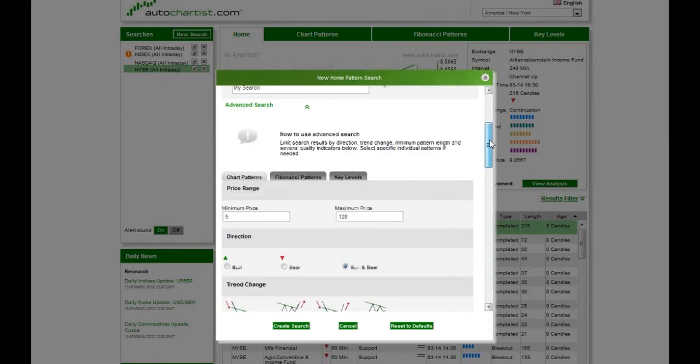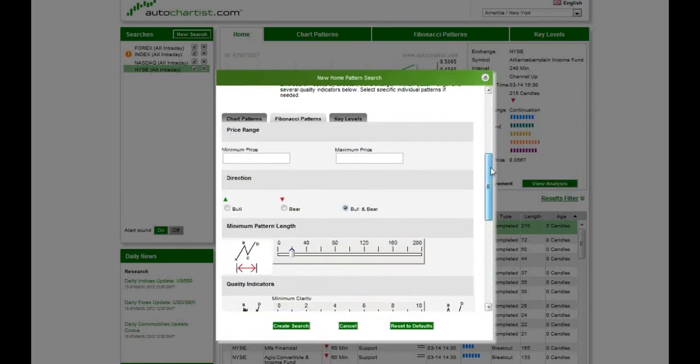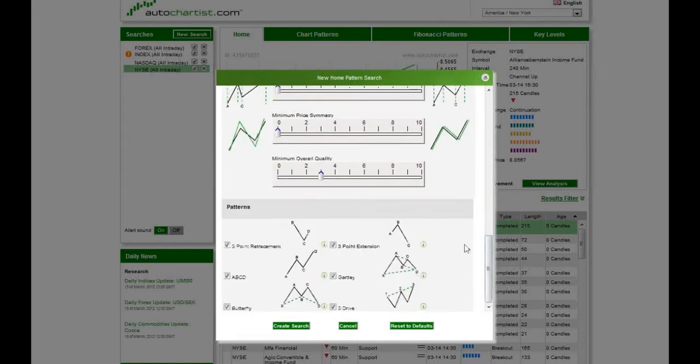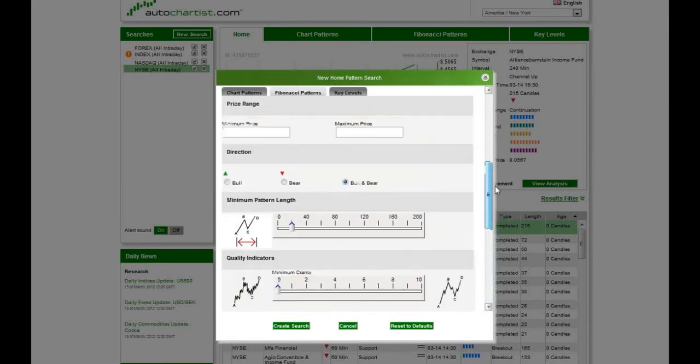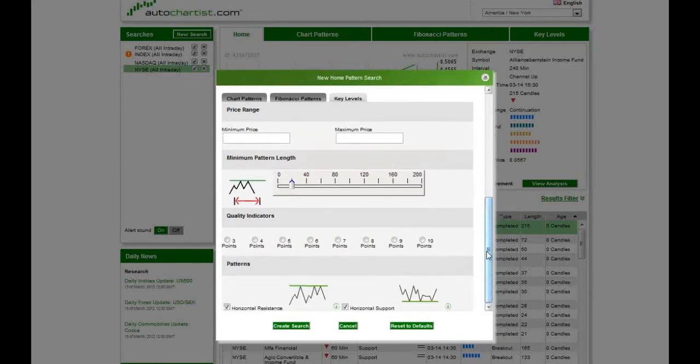If you look at the Fibonacci patterns, the types of patterns we identify are retracements, projections or extensions, ABCD, Gartley, butterfly, and three drive patterns, which are really the six most popular Fibonacci patterns. And our brand new product, which we only released about two months ago, called Key Levels, identifies horizontal support and resistance levels in the market. And as you can see, those are the two types of opportunities we identify over here.